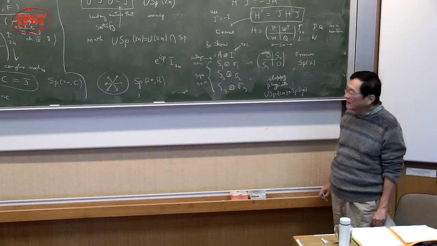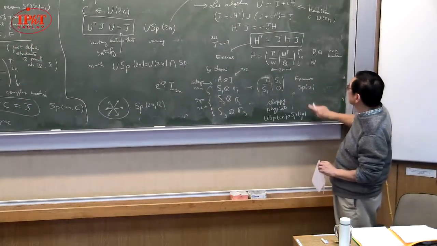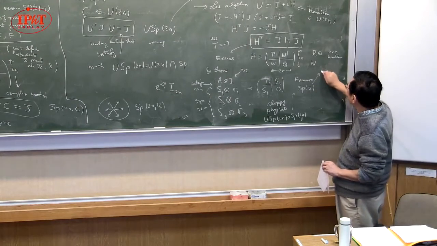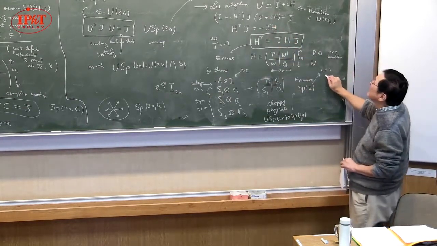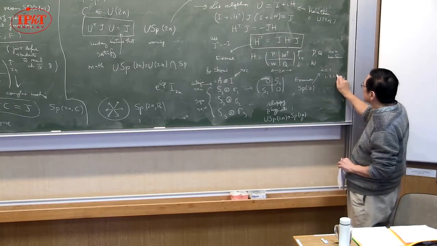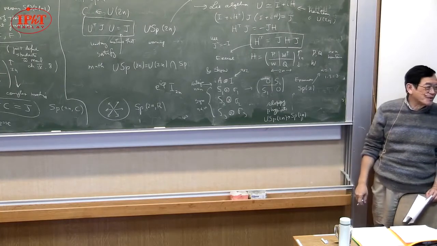Well, SP2, for example, corresponds to n equal to 1. According to the previous exercise, it has 1 times 3, so 3 generators. Well, we know there are not so many algebras with 3 generators.